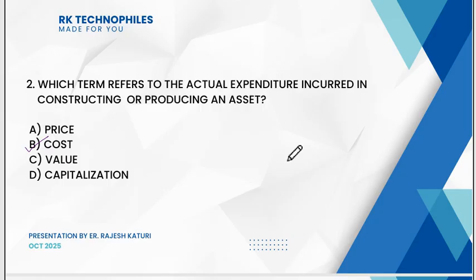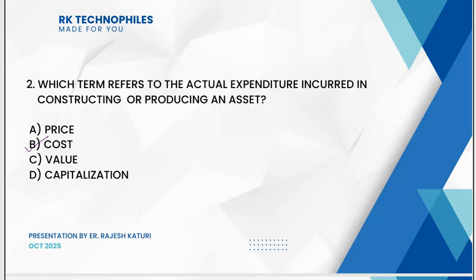Price is actually a transaction amount, not actual expense. It's a transaction amount at that moment, that is price. So value is worth, which we already discussed, not expenditure. The capitalization means converting future benefits into present value, so it is unrelated to cost.